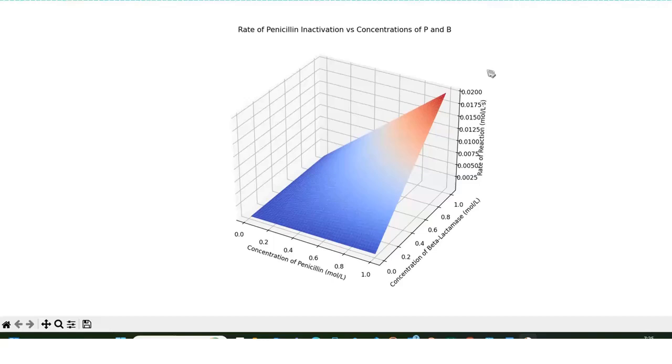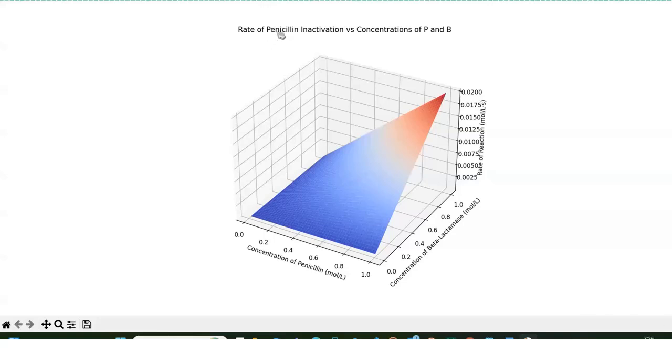So ladies and gentlemen, this is the 3D plot that shows you the surface that represents the rate of penicillin inactivation, or the rate of formation of the inactive complex, or the rate of hydrolysis, the rate of formation of the hydrolyzed product.